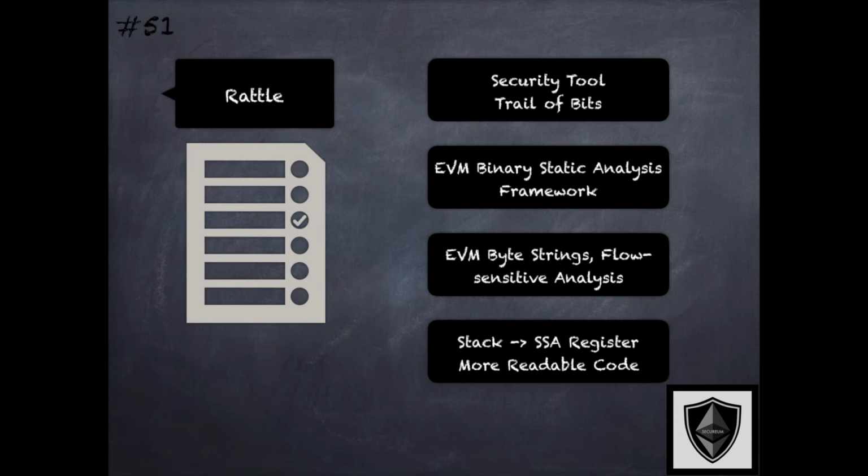Rattle, by converting the bytecode instructions from a stack machine to SSA form, removes more than 60% of all EVM instructions. And because of that, it presents a user-friendly interface for analyzing smart contract bytecode. For anyone interested in programming language analysis, I would encourage them to look up these concepts of SSA and sensitivity and so on.